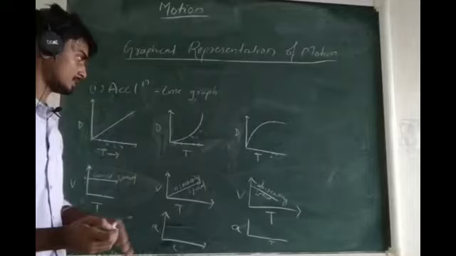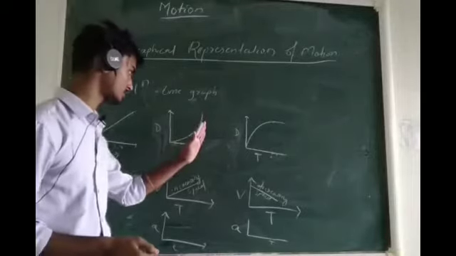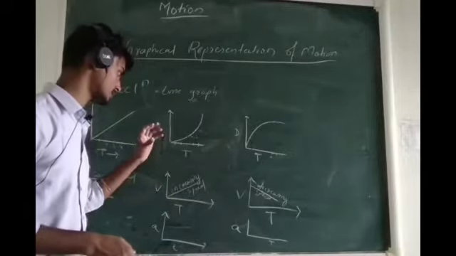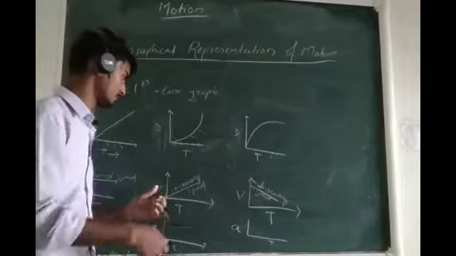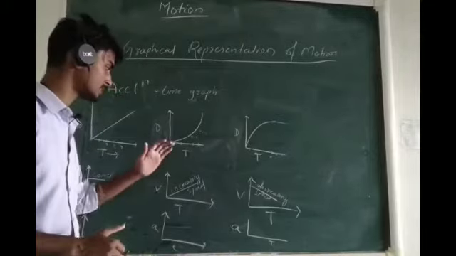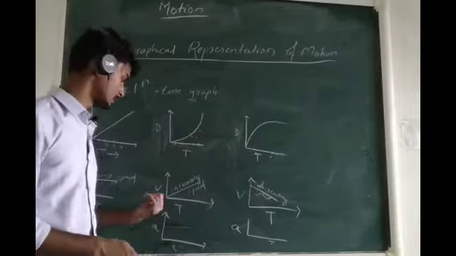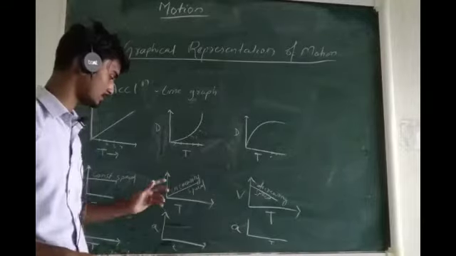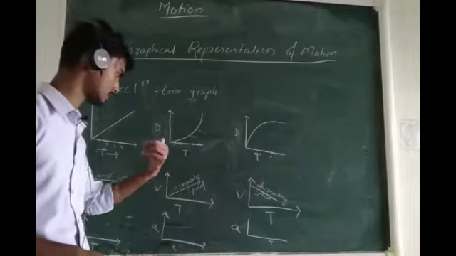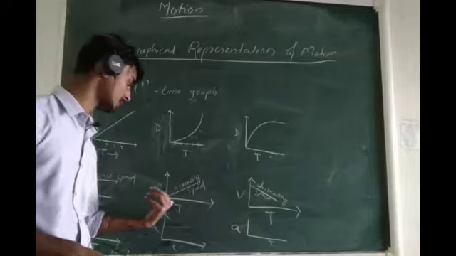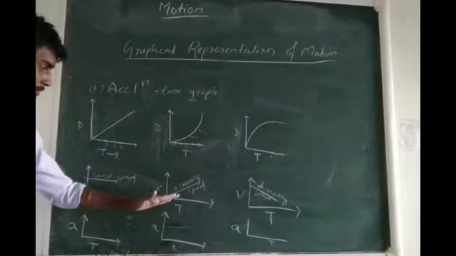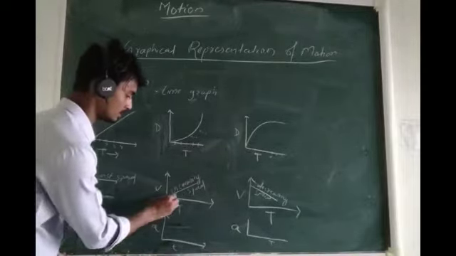Now in second case, what we found out is that the distance is going on increasing, right? Distance is going on increasing, and it is a curved one which is curving upward. We just say that the distance goes on increasing gradually, so it just means that its speed increases. If its speed increases, and we draw this distance time graph as a velocity time graph or speed time graph, it will be like this, because the speed goes on increasing.